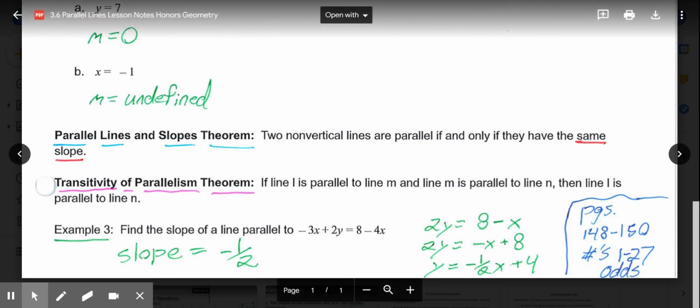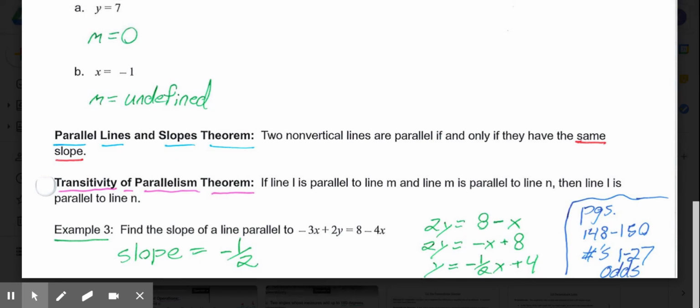Then I just want to rearrange it so the x is in front. So 8 minus x is the same as negative x plus 8. Divide everything by 2, and y would equal negative 1/2 x plus 4. So the slope of this line is negative 1/2. So the slope of all lines parallel to it would also be negative 1/2.